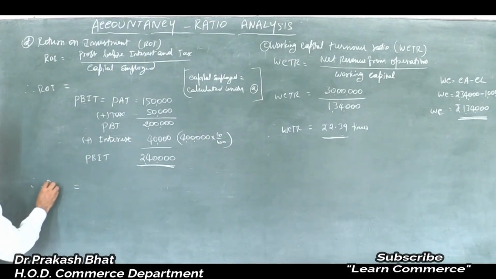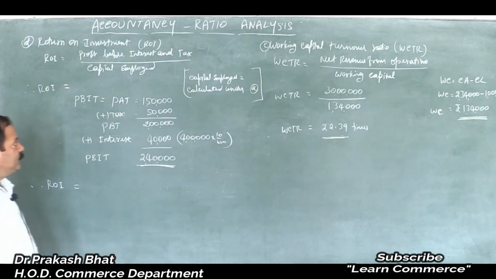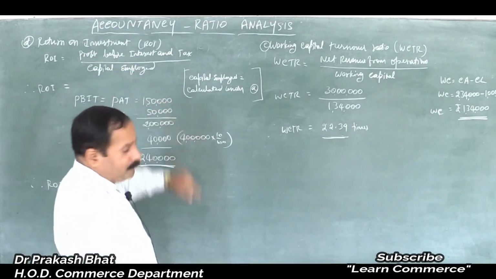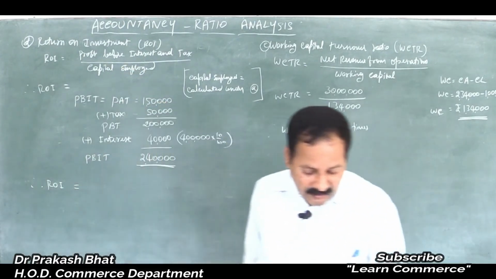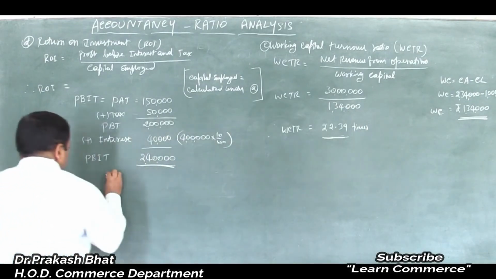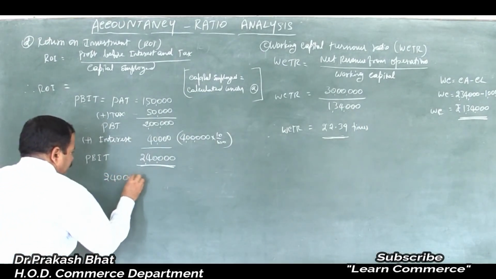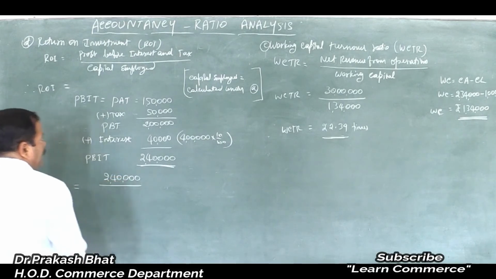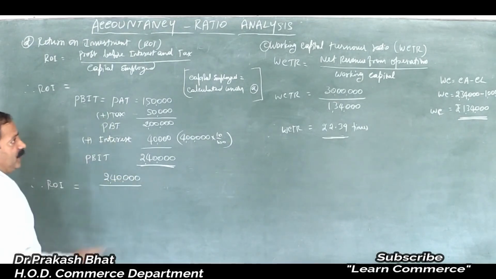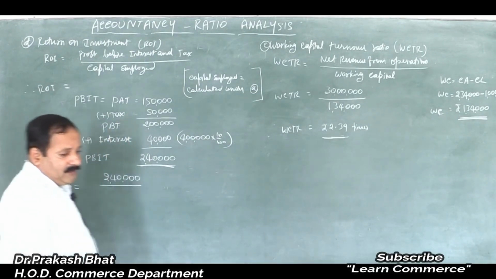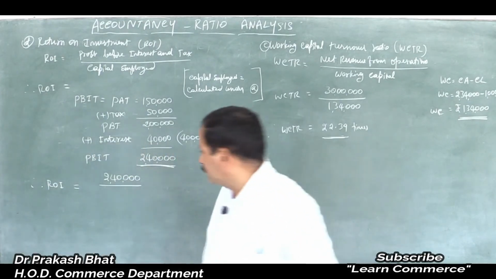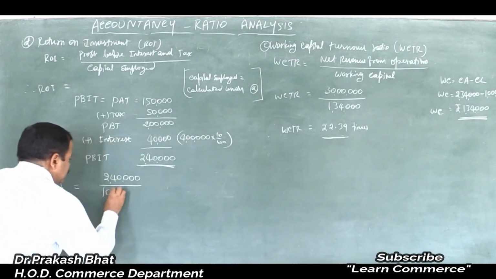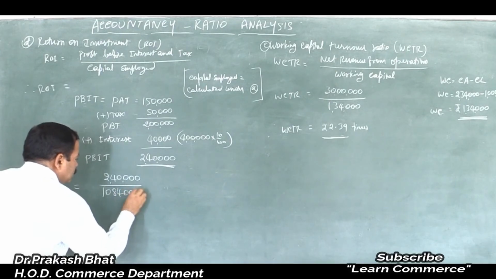Therefore, ROI is equal to profit before interest and tax, 2,40,000, divided by capital employed, which we calculated under A, 10,84,000.